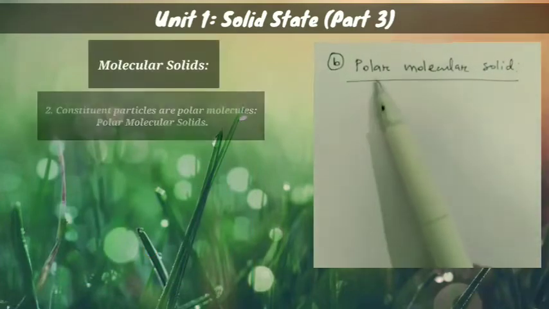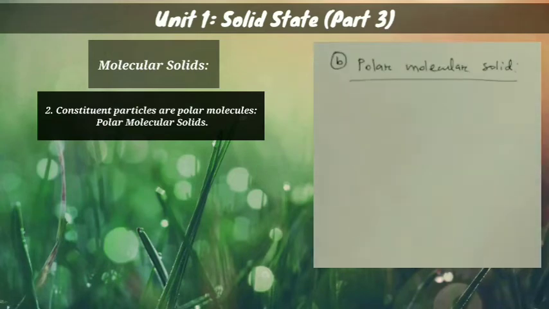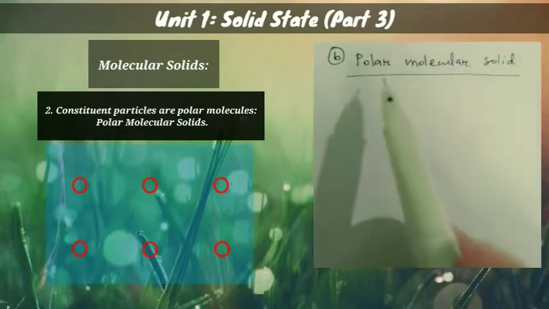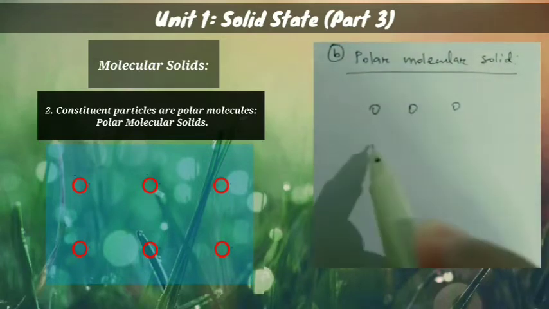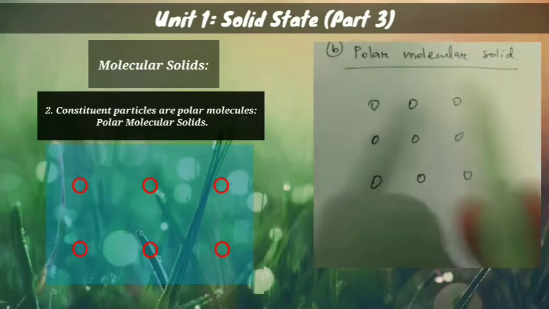Now let us discuss the second category of molecular solid, which is polar molecular solids. I'm not going to discuss in detail, because we have already discussed non-polar molecular solids. Suppose this is a crystalline solid.